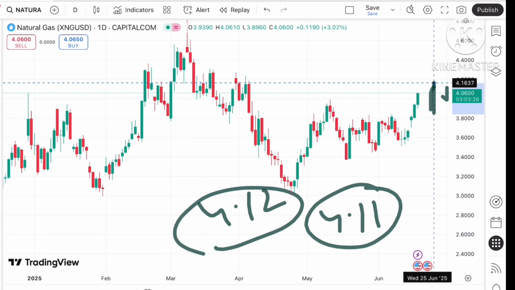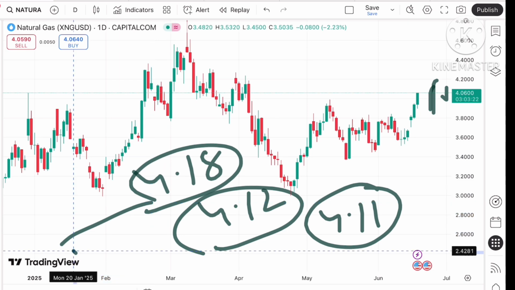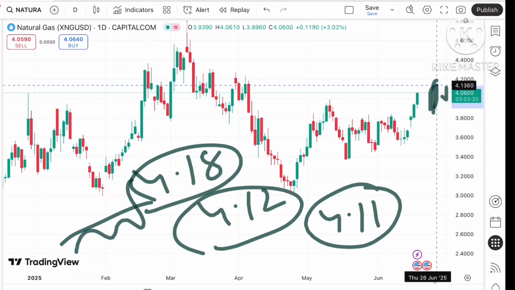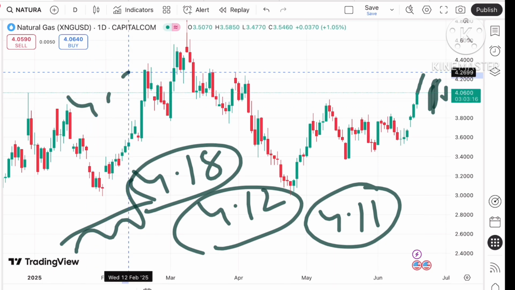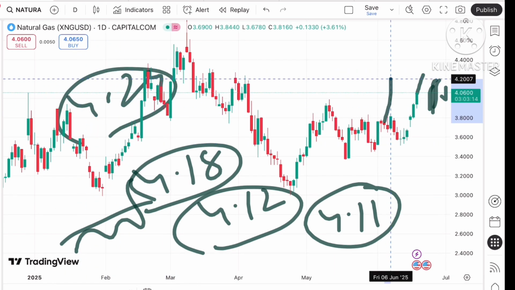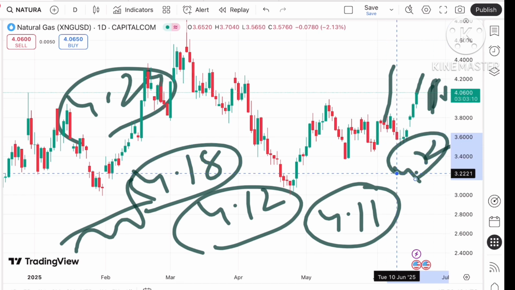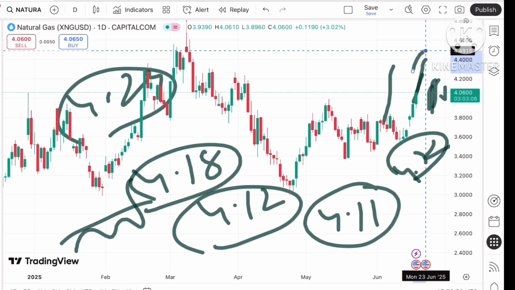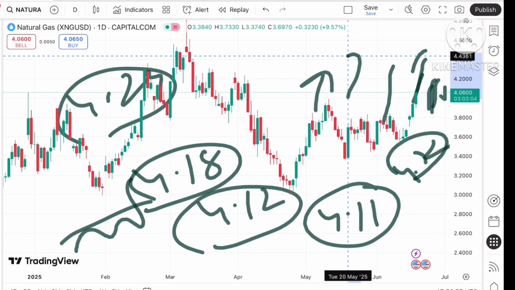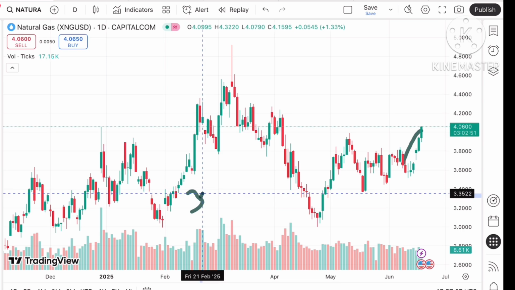If the price goes above that level, the chance of touching 4.18, and this level is already tested, so the price will go further high, and from there a level of 4.19 to a level of $4.24. If that sustains, we can see it touch a level of $4.32. Once the price goes above this level, the probability of touching 4.4 to a level of 4.5, and then a further upside. But suppose the price doesn't sustain, it can go towards a level of 3.99.